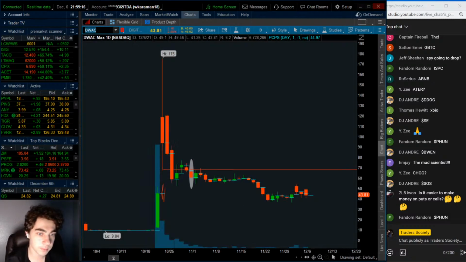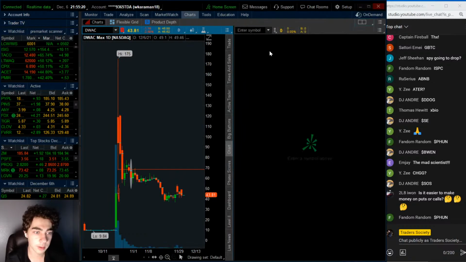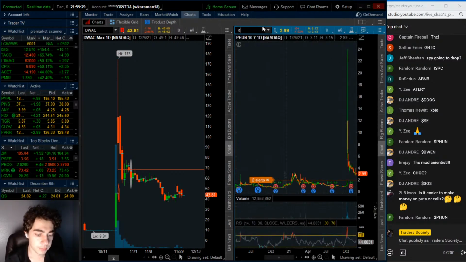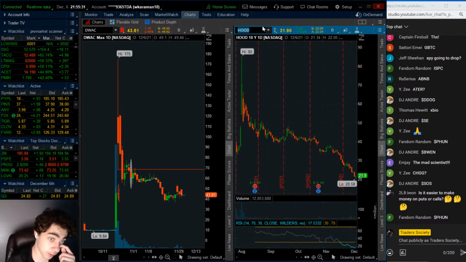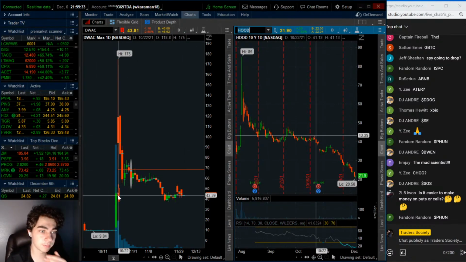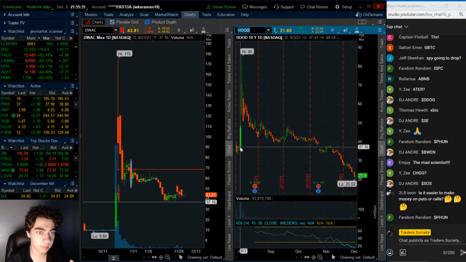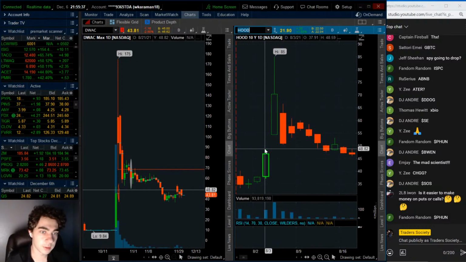If you compare the chart of DWAC to Robinhood, the charts are nearly identical, and there's really no reason from a technical view for this to rise big anytime soon. If you just study the charts, it's literally the same exact pattern. Robinhood launches their stock, right?